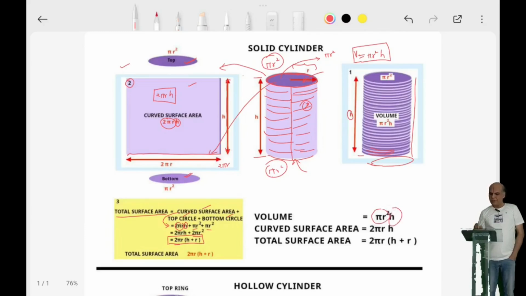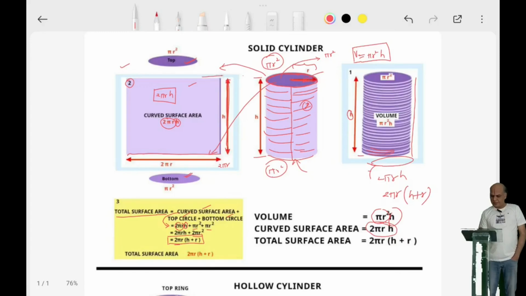Then curved surface area: the circumference of the bottom circle, that is 2 pi r, and then the height of the cylinder. 2 pi r h would give you curved surface area. For total surface area, we need to include the top circle area and bottom circle area, that is circumference 2 pi r into h plus the radius.